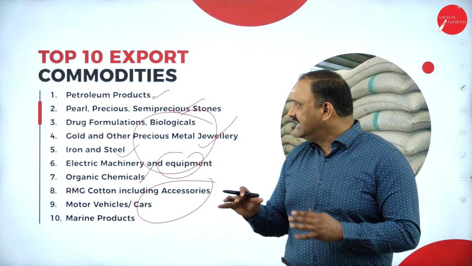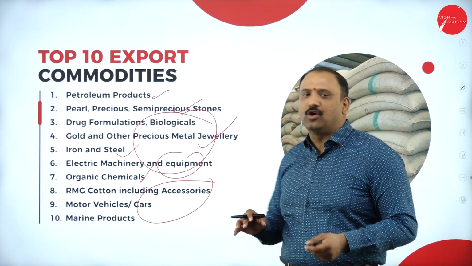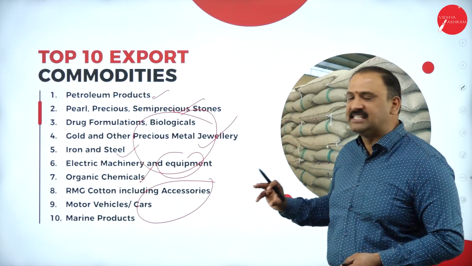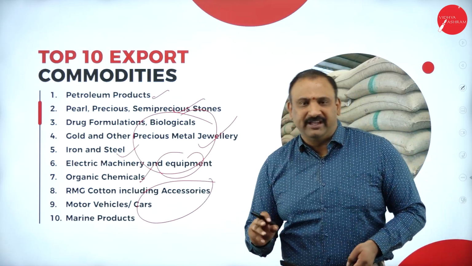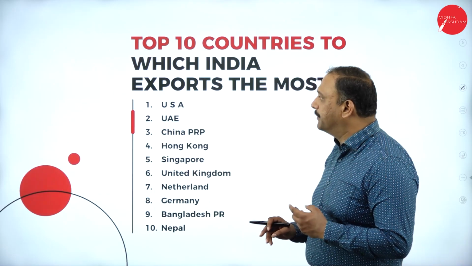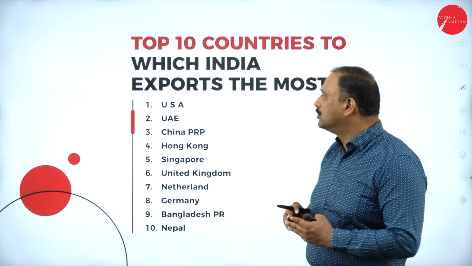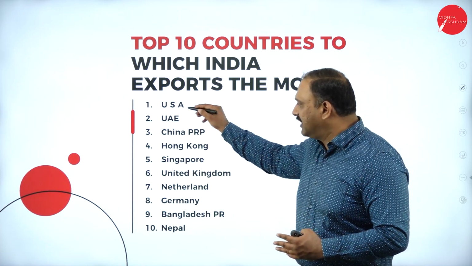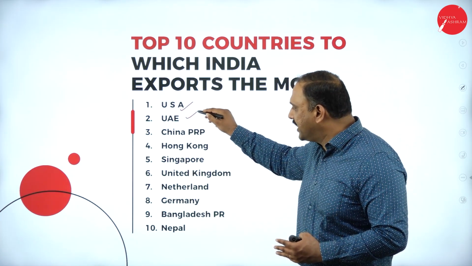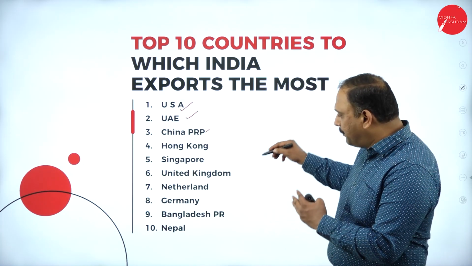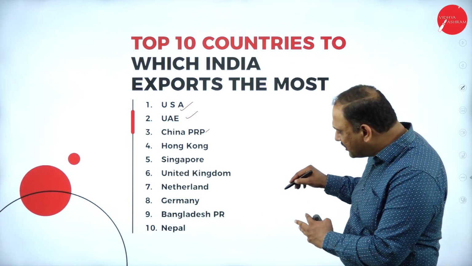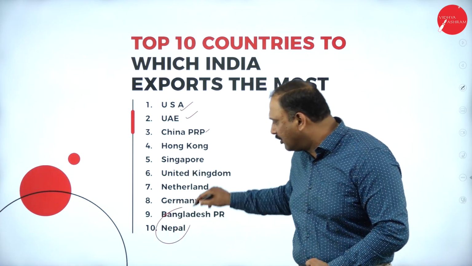Why? Because these are the areas we have been concentrating on in terms of growth and expansion. Next, the top 10 countries to which India's exports matter the most: we are exporting to the US, UAE, China, Hong Kong, Singapore, United Kingdom, Netherlands, Germany, Bangladesh, and Nepal.